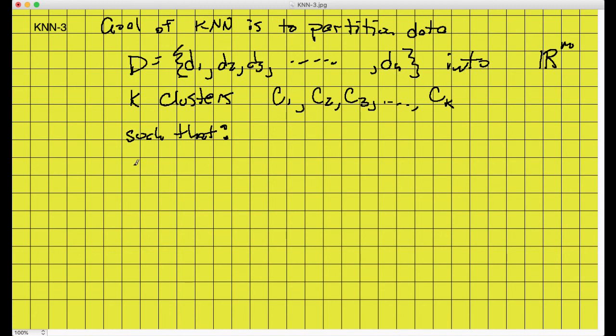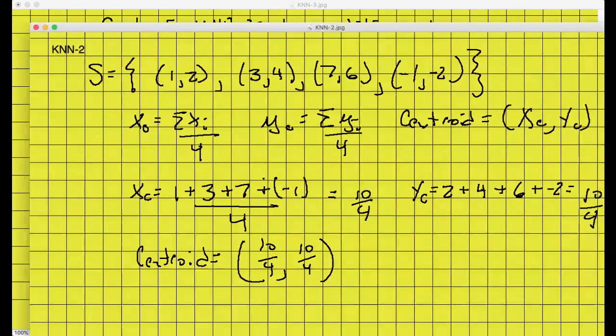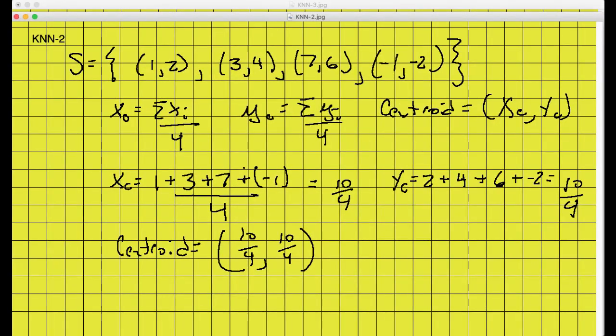So I want to say that the centroid of cluster CJ is, and we're just going to call it CEN of CJ. And remember, the way that we would find the centroid, given a cluster here, is just by doing a calculation similar to this one right over here.